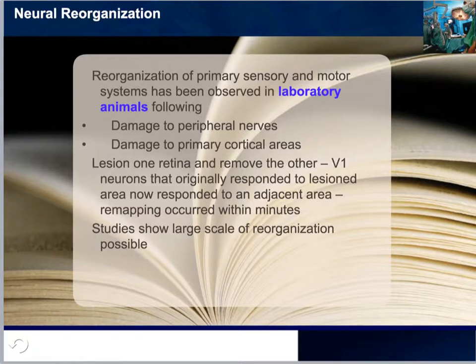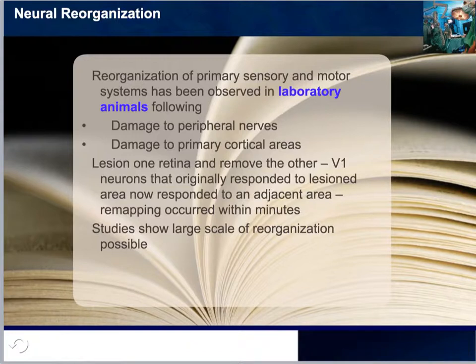Our understanding of the reorganization of the cerebral cortex because of damage has been limited to laboratory animals. We have focused on and observed how the neural reorganization occurs after there is sensory and motor cortex damage.